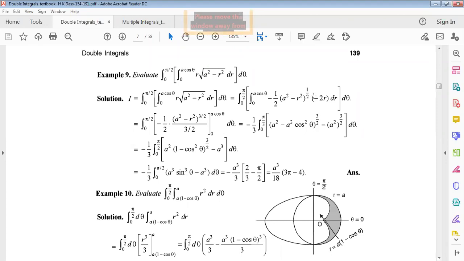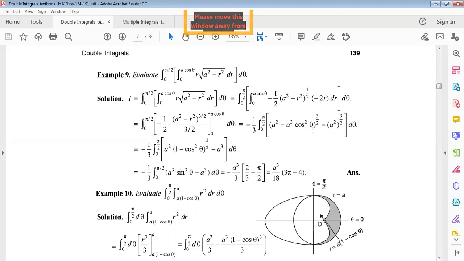That means these derivatives will be this, so this integration you can write as a shortcut: just putting a cos theta in the place of r, we get this one. And if we put the lower limit 0 in the place of r, this will be a square to the power 3 by 2.